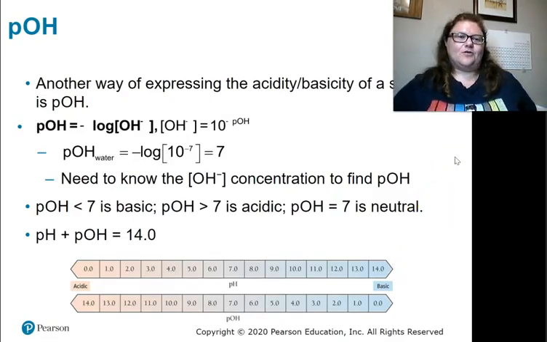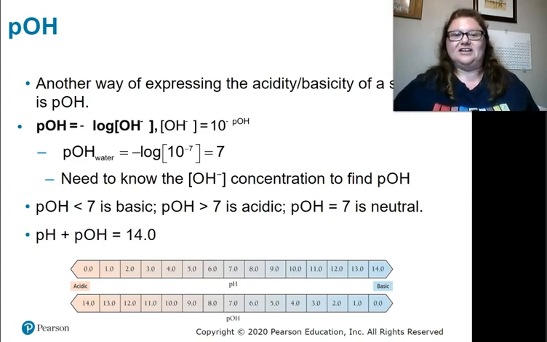Okay, so half of the story that's not talked about nearly as often as pH is pOH. And it's just what you think it is. It's how we express the acidity or the basicity by looking at the OH concentration, so p-OH, right? pOH. It's calculated the same way as pH, but just remember you're using the hydroxide concentration, not the hydronium.